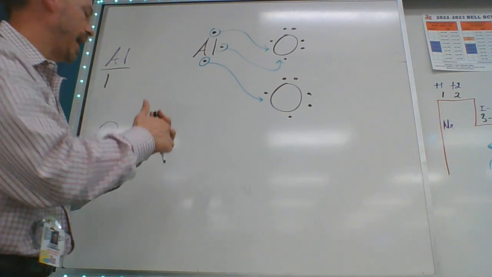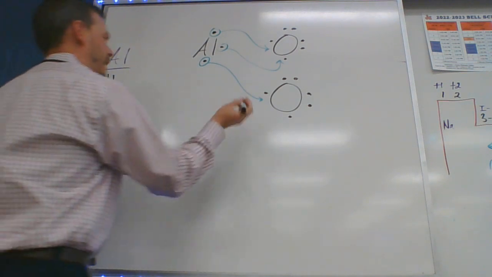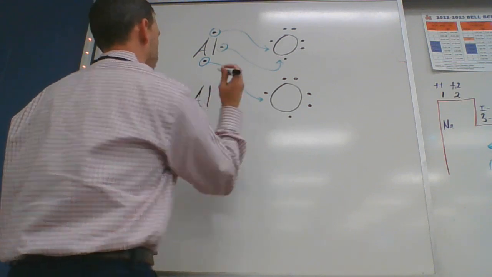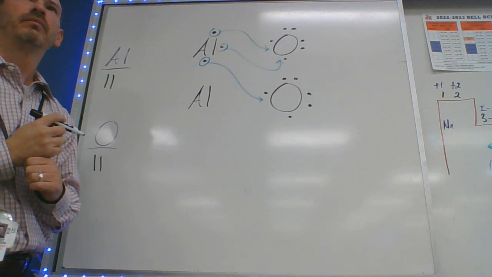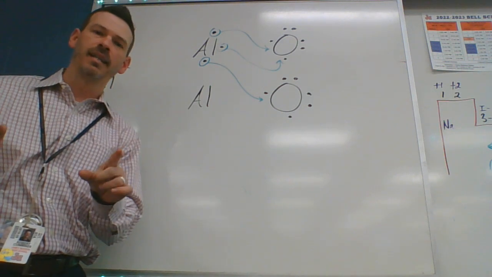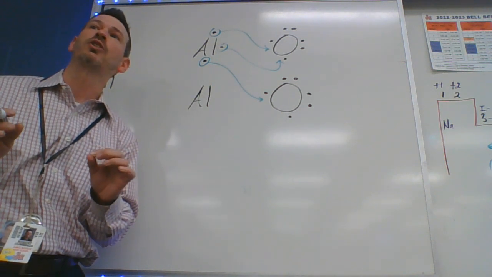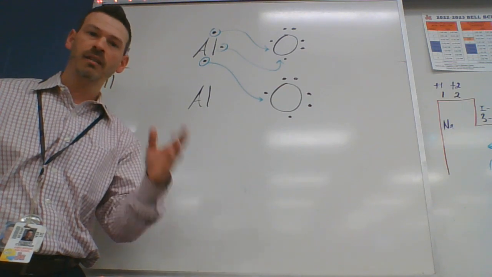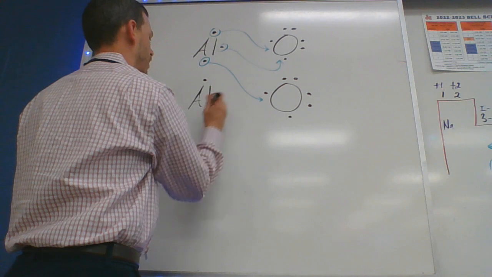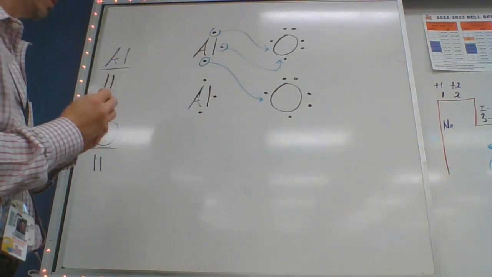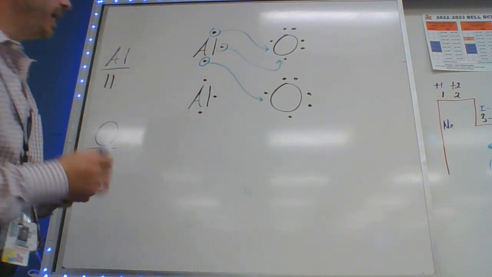All right, so let's introduce a second aluminum. How many valence electrons does a new aluminum always start with? Group 13, always 3. Just go look it up.